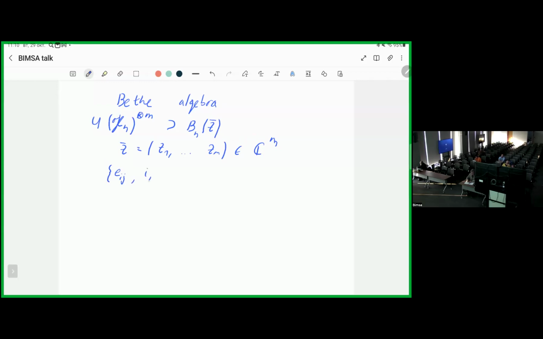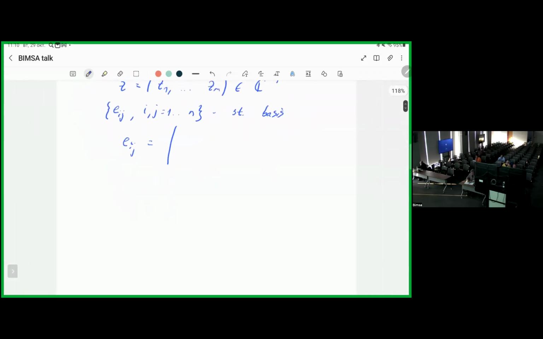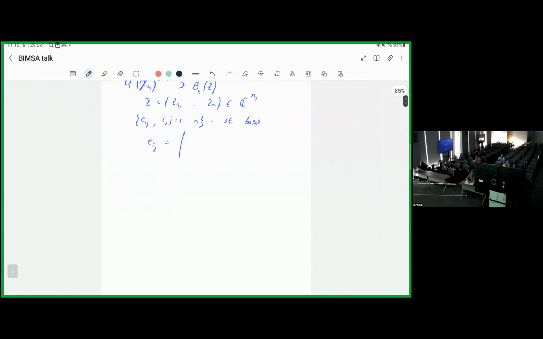So here i and j run from 1 to n. So this is the standard basis, meaning that E_ij is the matrix with 1 at the ith row and jth column, and 0 everywhere else.